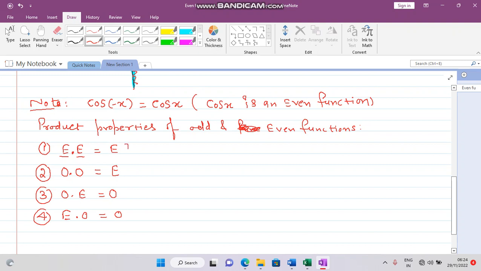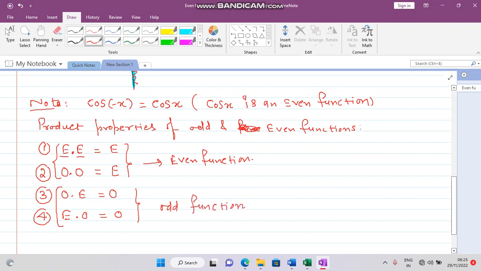So notice here one thing, that whenever the two letters are the same, then the answer is an even function. Whenever the two letters are different, like O and E or E and O, then it is an odd function.